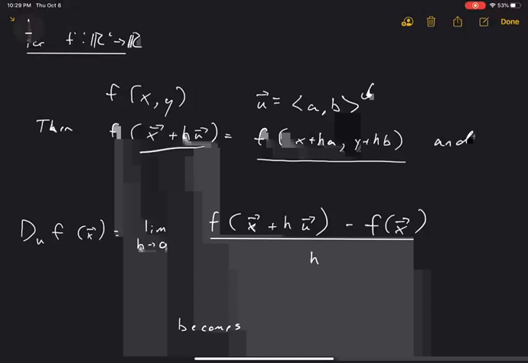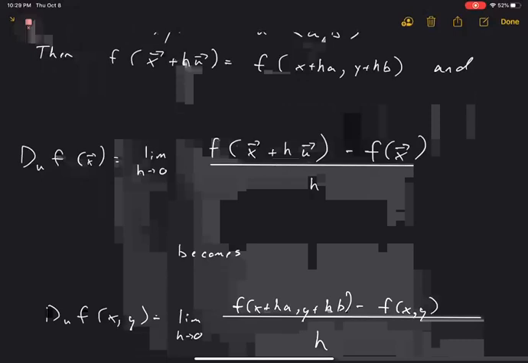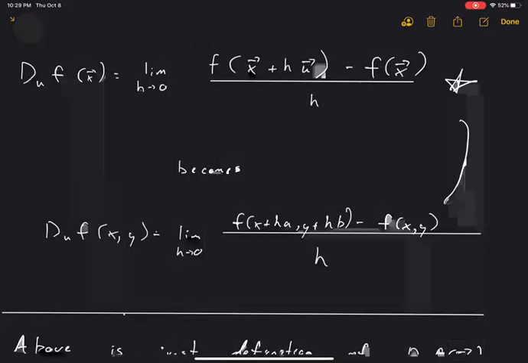So f of the vector x plus h times the vector u becomes this thing. With that in mind, we can rewrite this as this. Take a moment, pause if you need to look at this. When we're talking in R2, we could use this if it makes it a bit clearer what's going on. These are the exact same thing.